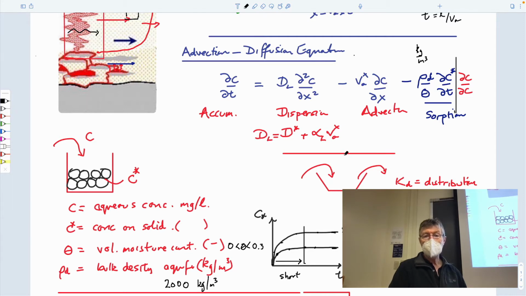I guess we could work it out. So this C star equals C. And so C has to be, so these terms go out. So C star has to be milligrams per liter, meters cubed kilogram. Strange units, but let's live with it.